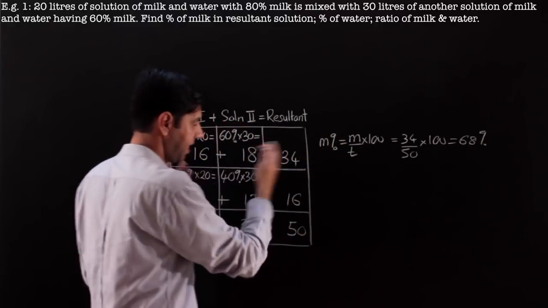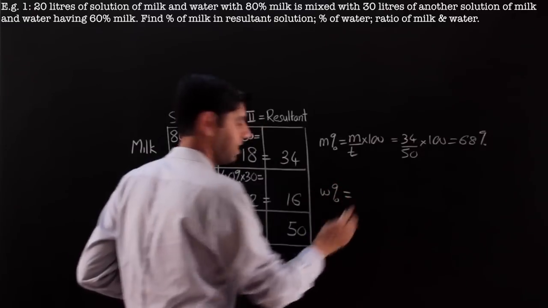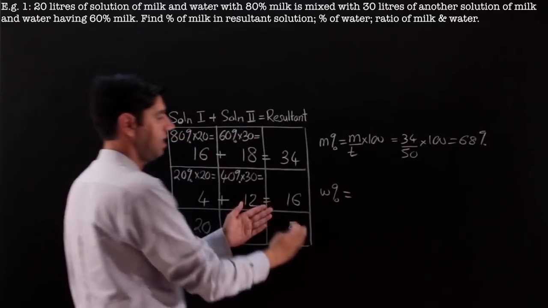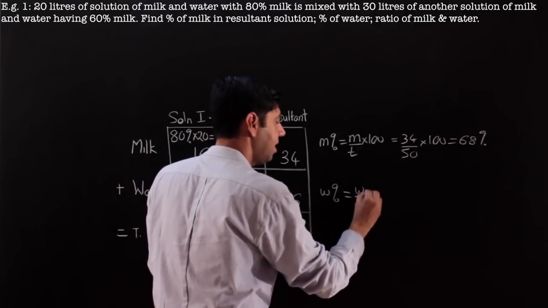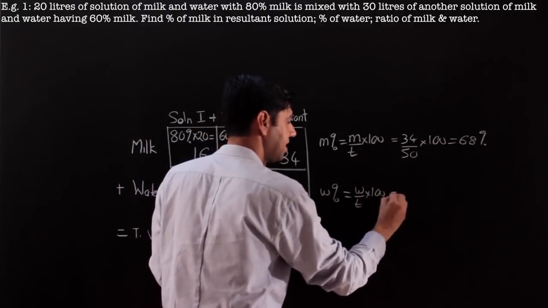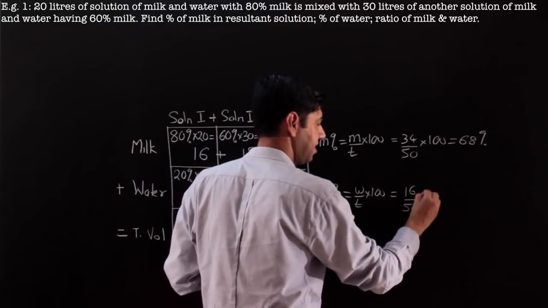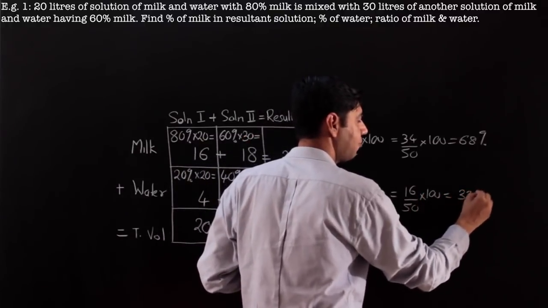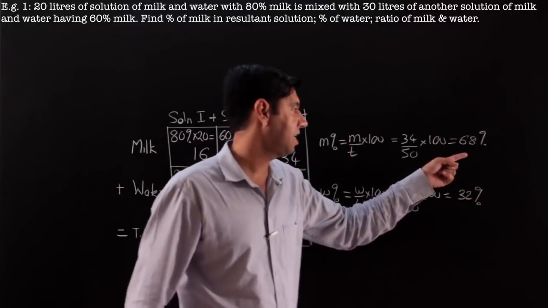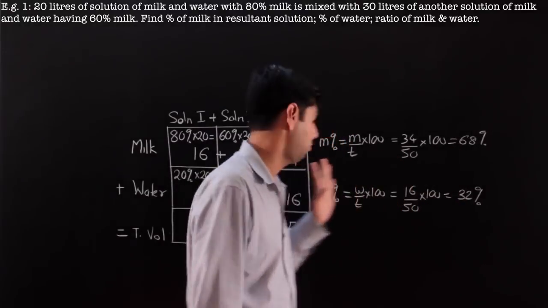If the question is water percentage, again, I know water percentage out over here. Water percentage is nothing but the amount of water. How much water does the resultant have? 16, the amount of water, to the total into 100 to change it to percentage. So water is 16 out of a total of 50, so that is going to be twice 16, 32. Did I have to do all of this? Not really. If milk is 68%, obviously water is going to be 100 minus 68, that is 32%.